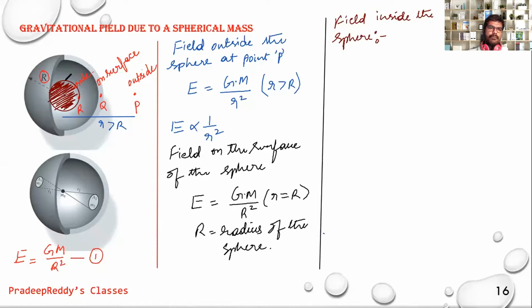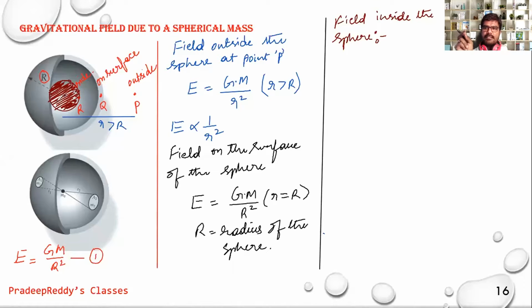As you are calculating gravitational field inside the sphere, at whatever point you are calculating gravitational field, you will take that point as the reference and you will just mark a sphere with that radius, just like how I have done here.